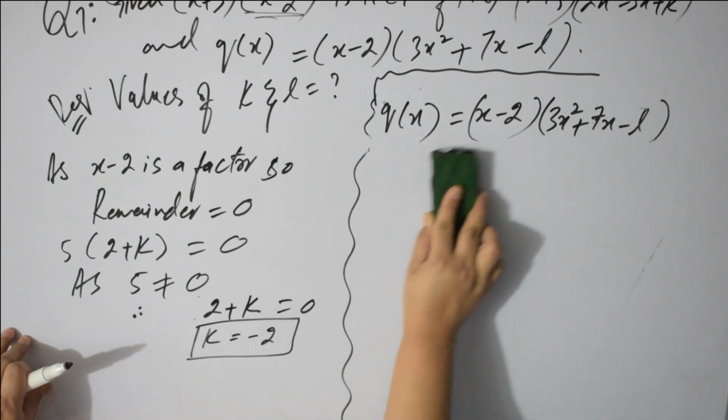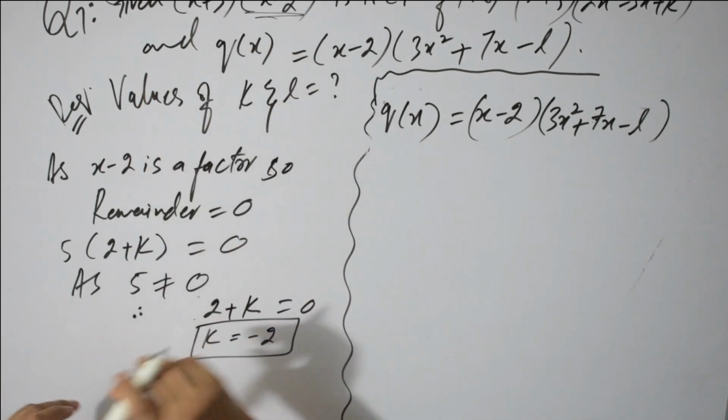So that is why I am putting x is equal to minus 3, this first value.